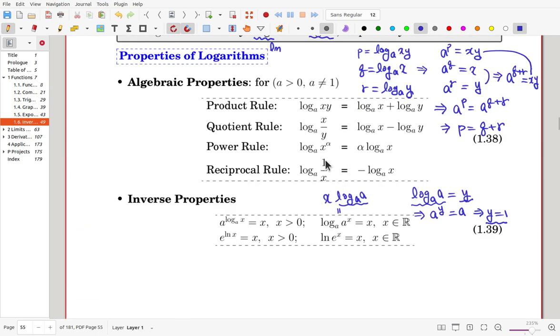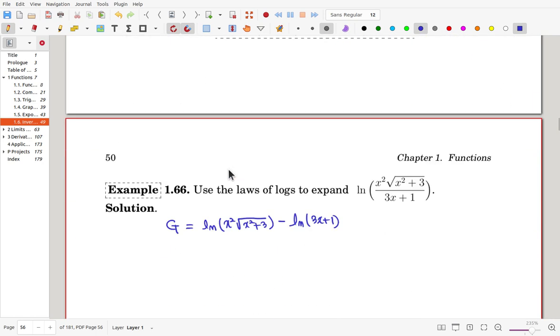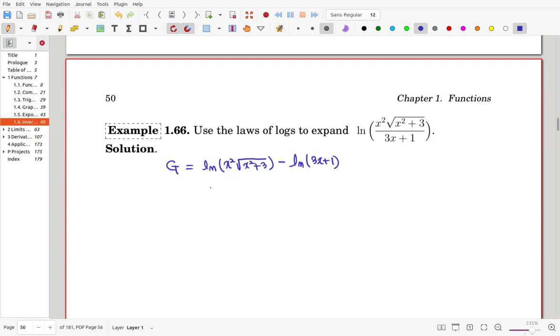Now we'll use the power rule, product rule, quotient rule, and reciprocal rule. One more time, we'll use the product rule. So there's the natural logarithm of x squared plus the natural logarithm of the square root of x squared plus 3, and here the natural logarithm of 3x plus 1, right?